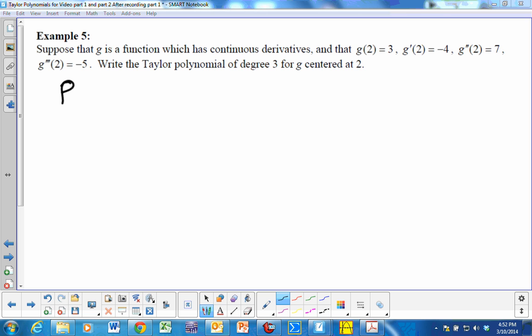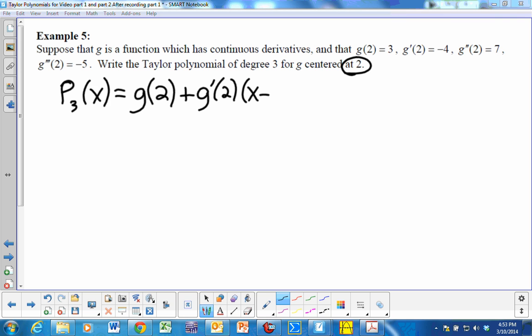So the polynomial here, we're going to do a polynomial of degree 3. So it's going to be the function, and I'll use g since that's what we're using here. It's the function value evaluated at 2, because it's centered at 2 here. And then it's the first derivative evaluated at 2 times x minus the place you're centered, plus the second derivative evaluated at 2 over 2 factorial times x minus 2 squared.